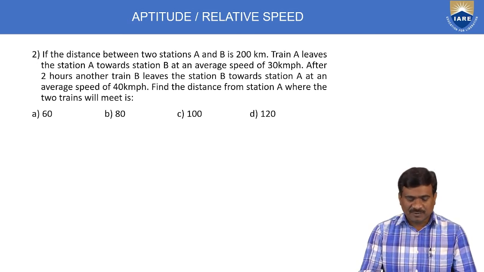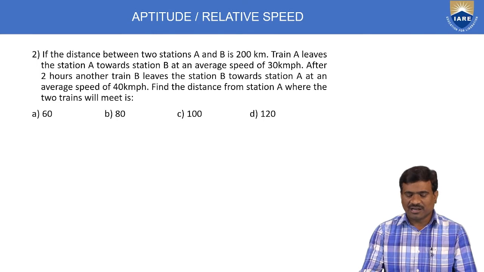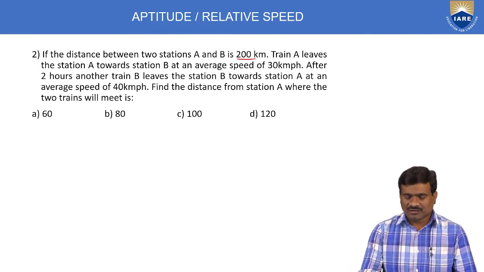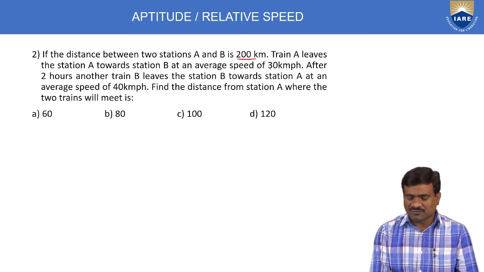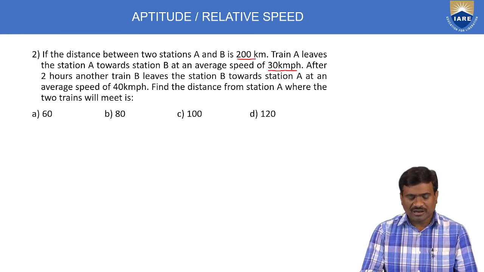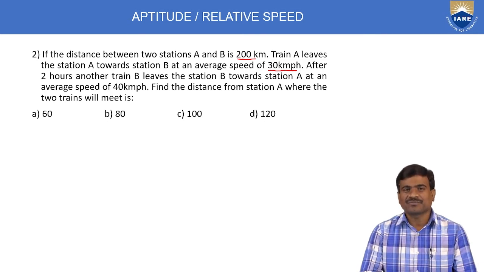Next, second example. The distance between two stations A and B is 200 kilometers. Train A leaves station A towards station B at an average speed of 30 km per hour. After 2 hours, another train B leaves station B towards station A at an average speed of 40 km per hour.